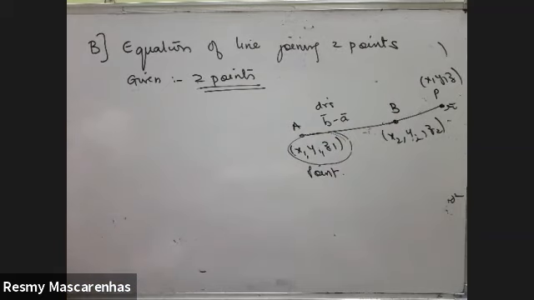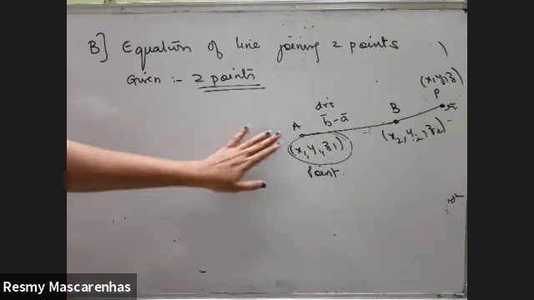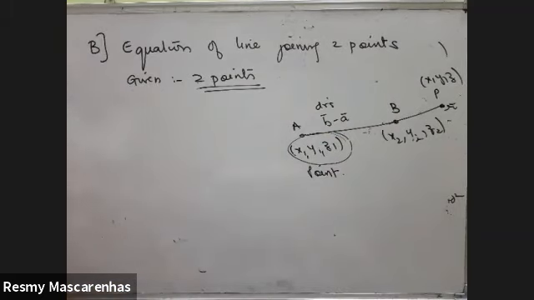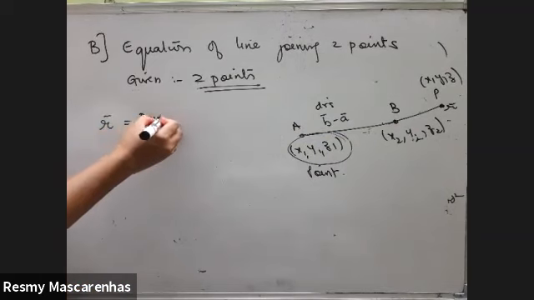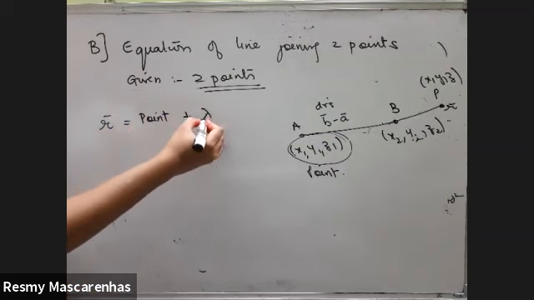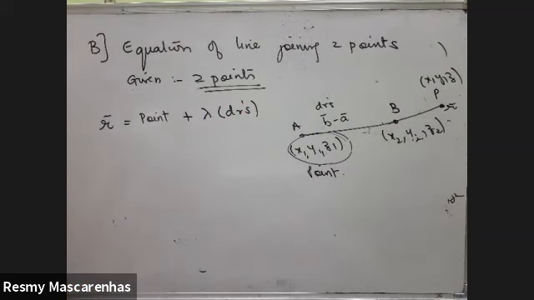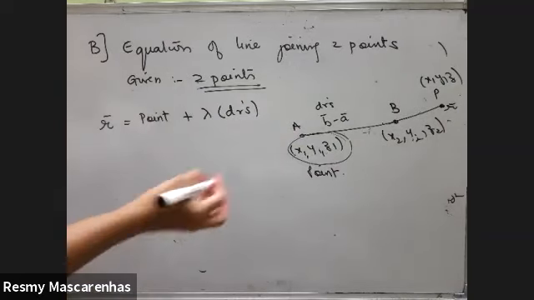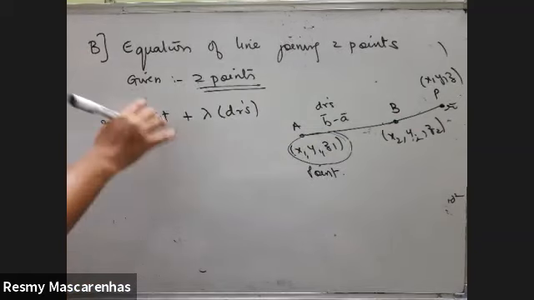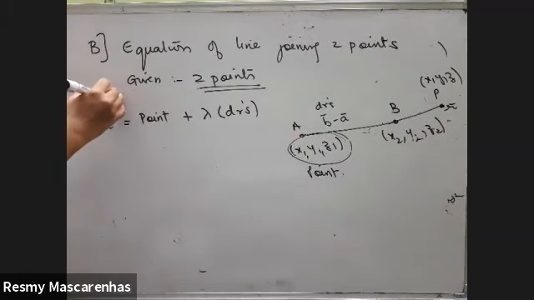So this you have to write. And no need to draw diagrams and all. This is only for your understanding now. So what is the equation? Vector equation of a line, I told you. Always there should be a point plus lambda times direction ratios. So this is compulsory to find the vector equation of a line, a point. So which is the point? A. A means you cannot write A simply because this is a vector equation which you are writing.